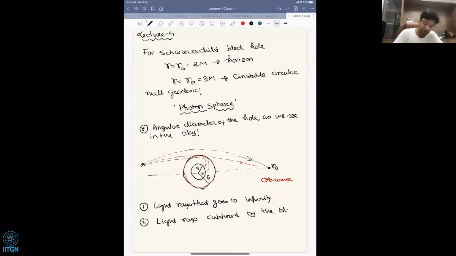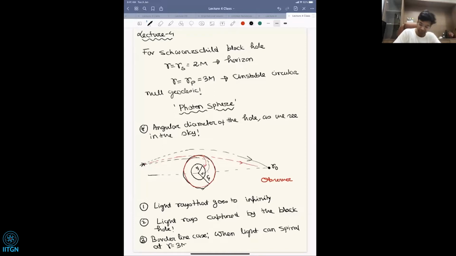Or rather, okay, let me be careful. I'm using the word black hole, but it could happen that the central mass is not a black hole, but rather a very compact object. And there is a borderline case, and that borderline case is when light can spiral at r equal to 3m.